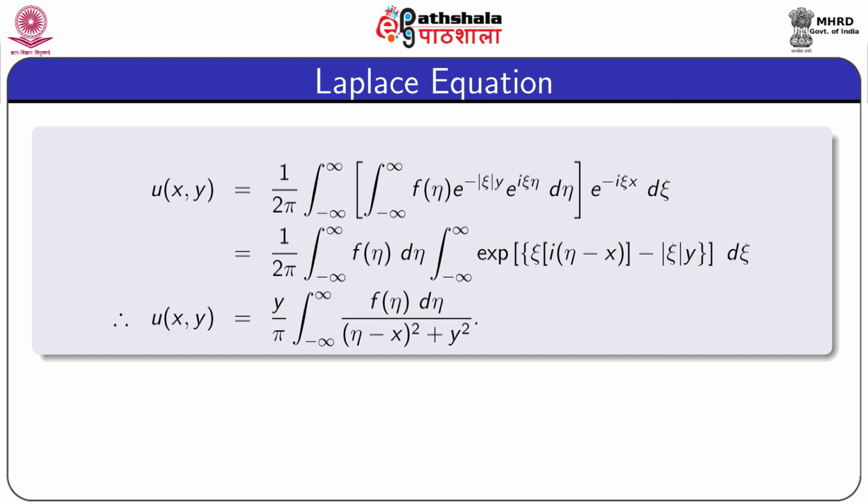So, the formula is written here, u is equal to 1 by 2 pi integration from minus infinity to plus infinity e to the power minus i xi x into f bar (xi).